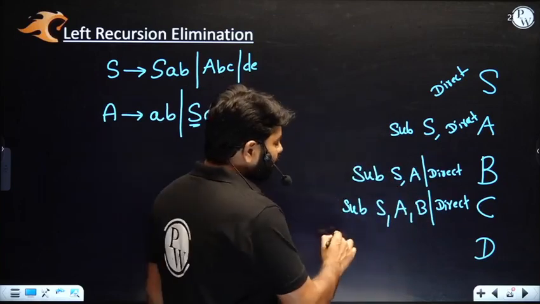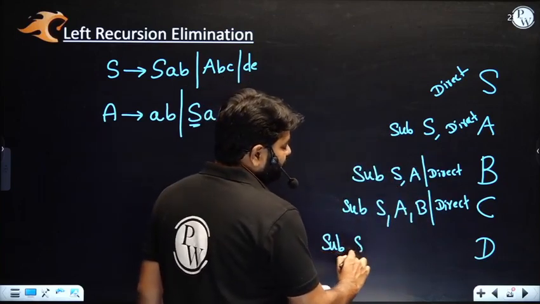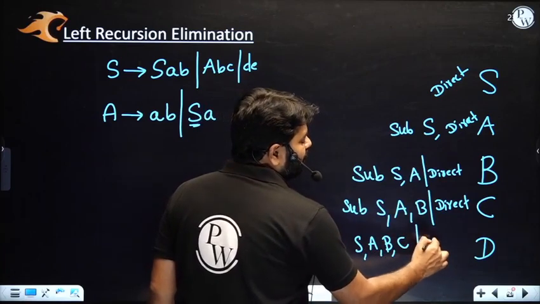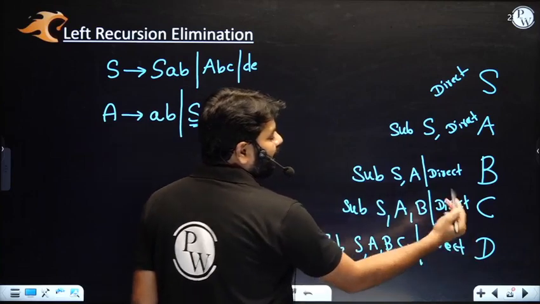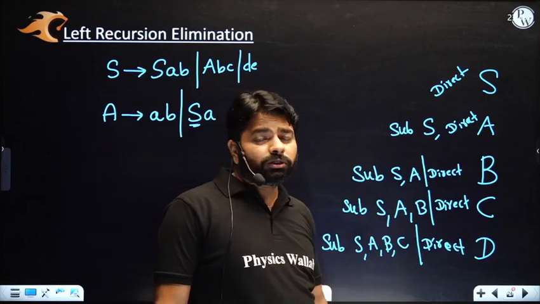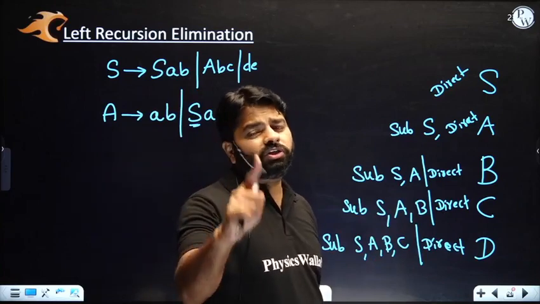Here what we do: substitute S, A, B, C, then you apply direct left recursive elimination at D. After substituting all this, where do you substitute? Only at the first position of the production.